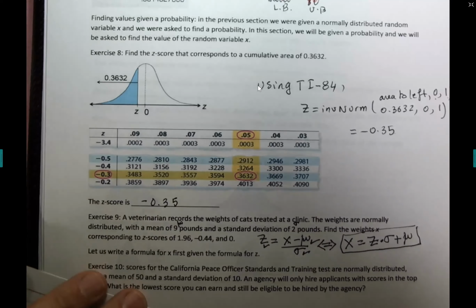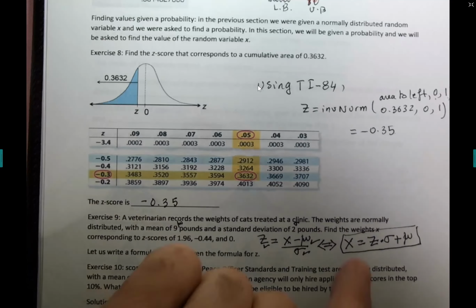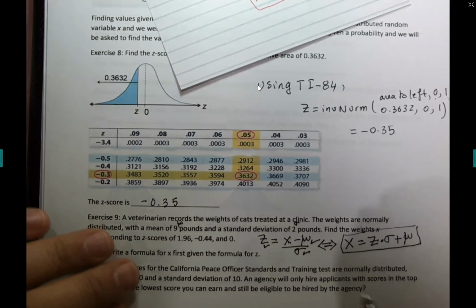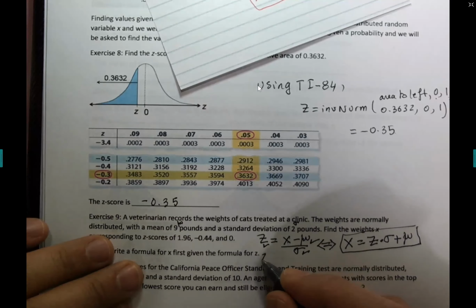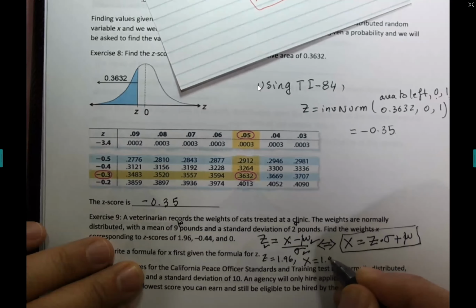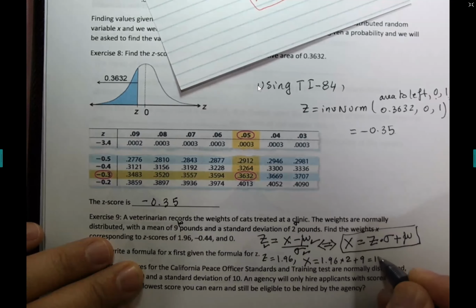So use this formula, and let me show you that we could have used this formula to get the 12.92. Let me write them down. When z is 1.96, watch, guys, x equals 1.96 times the standard deviation, which is 2, plus 9. Well, if you do the math, guys, it's going to be 12.92.